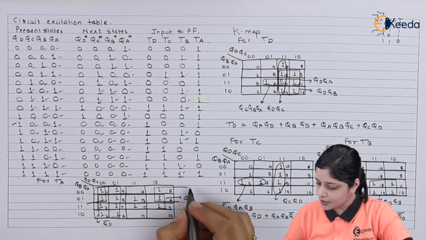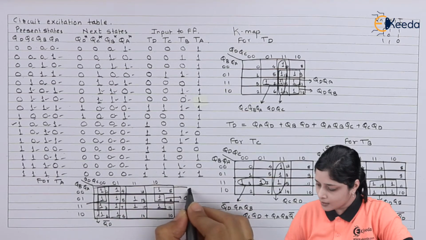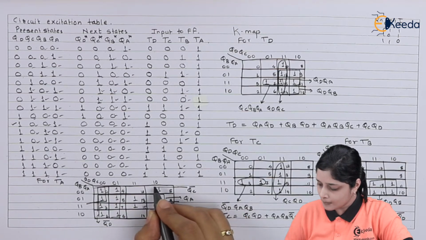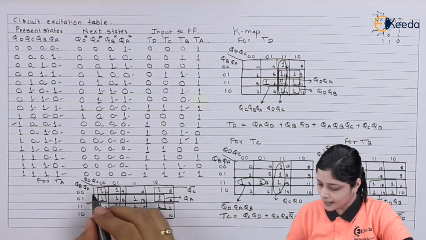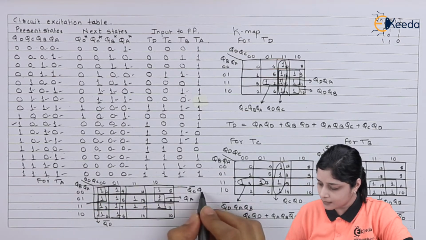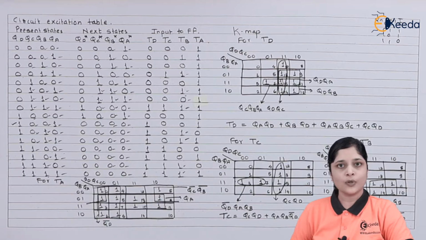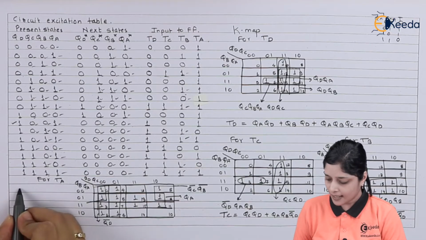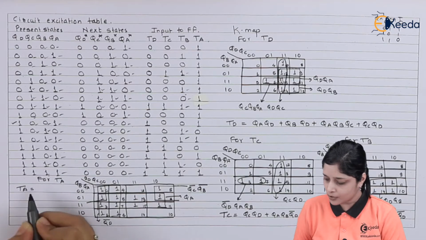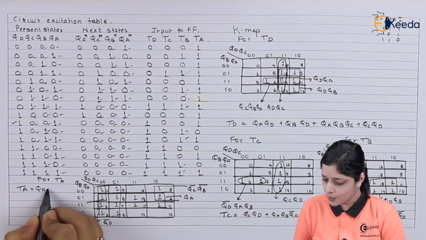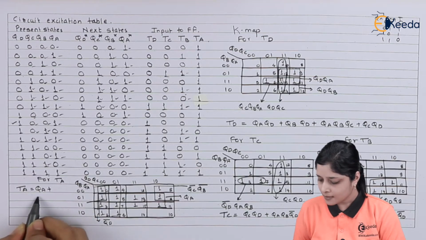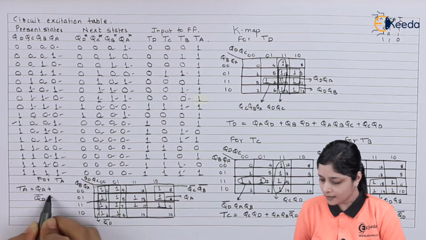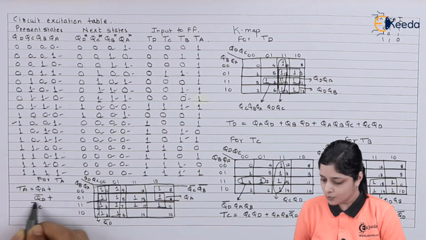And the equation for this is what? QC bar, 0 is same, and here QB bar. So in this way you have to make the grouping. So finally we can write the equation as TA equals QA plus QD bar plus QC bar QB bar.